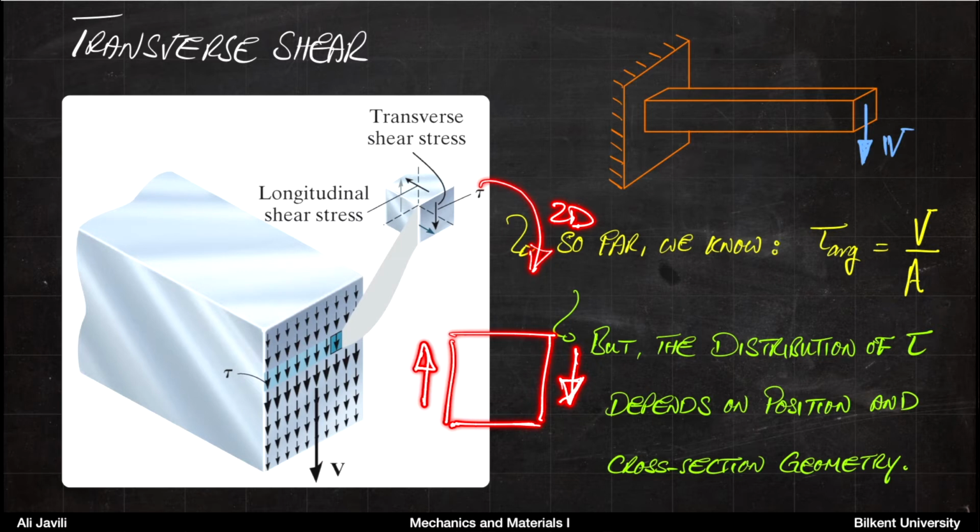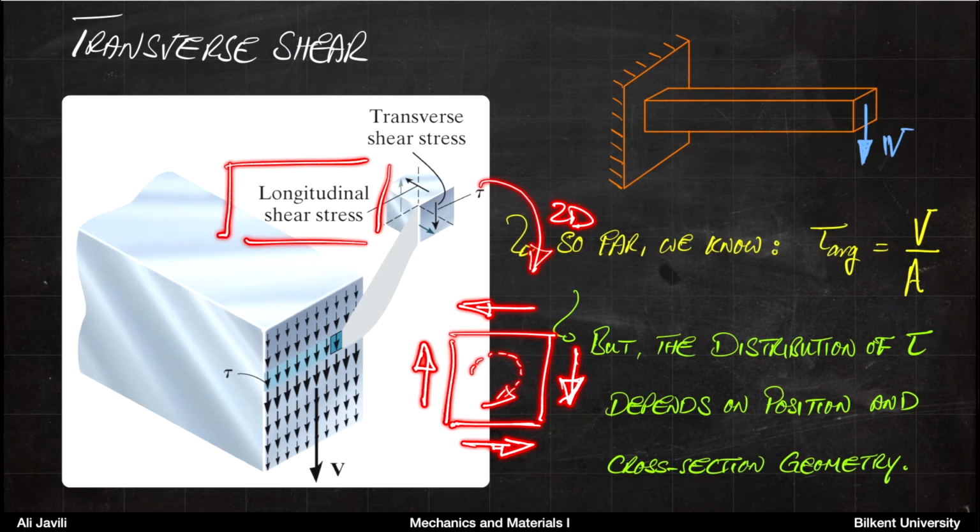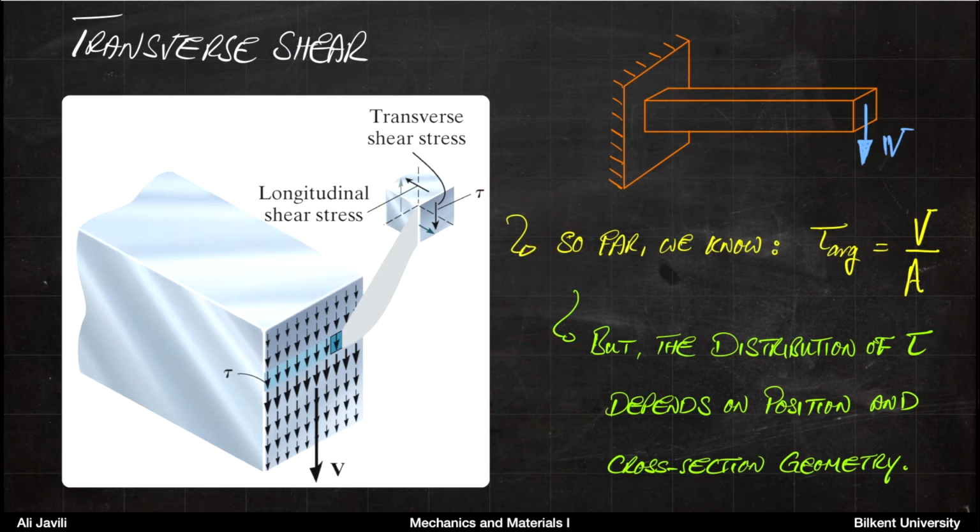But now if you have these two, it would start to rotate. So in order to also retain the equilibrium of moments, you would need two additional shear stresses with equal magnitude. We call these two longitudinal shear stresses. So here in the figure, you can see this is the transverse shear stress, and this component is the longitudinal shear stress.